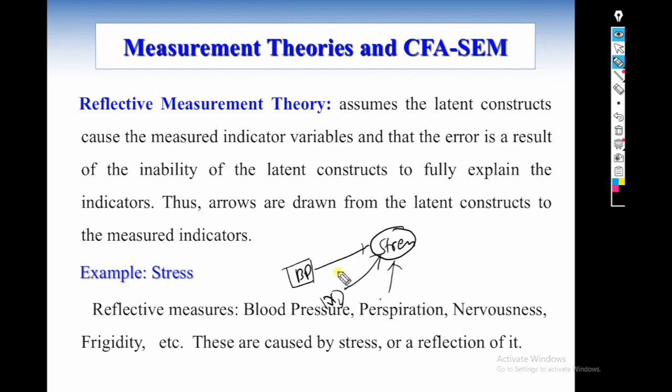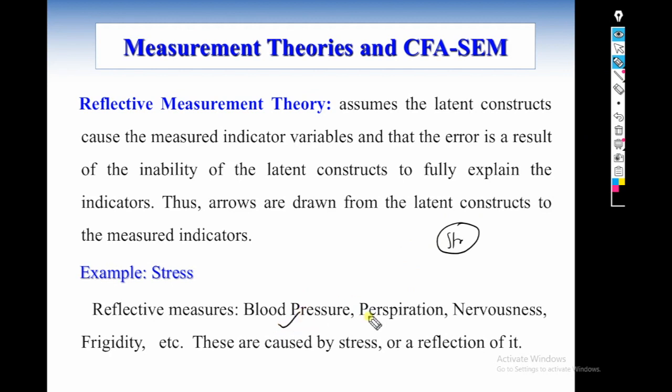So the arrow goes from this to this. Now this is stress, and these are the indicator variables: blood pressure, perspiration, nervousness, frigidity. If someone has more stress, his BP would be high. If someone has more stress, then he will feel perspiration.